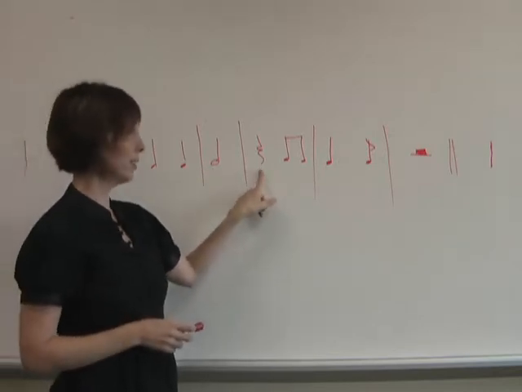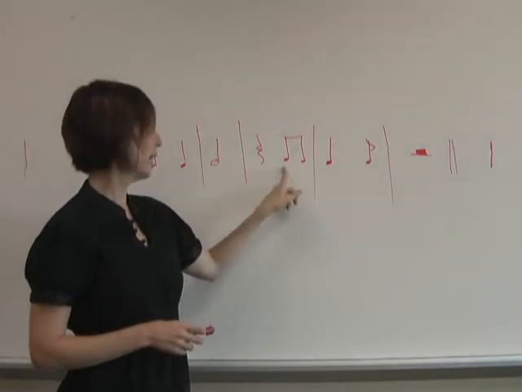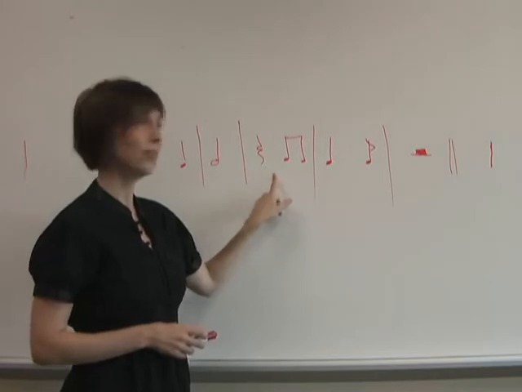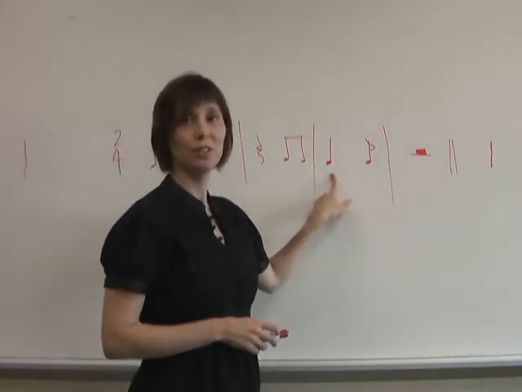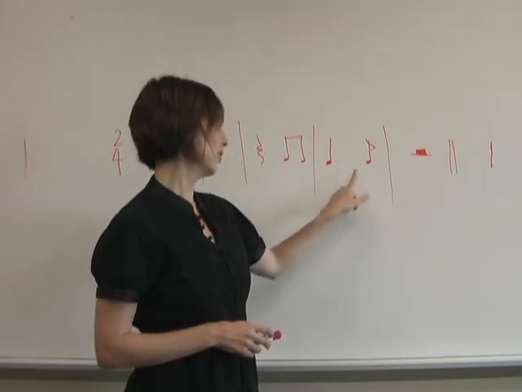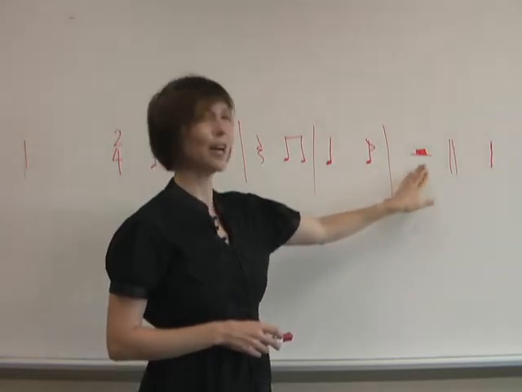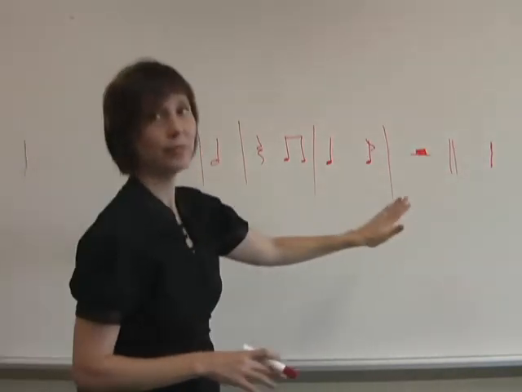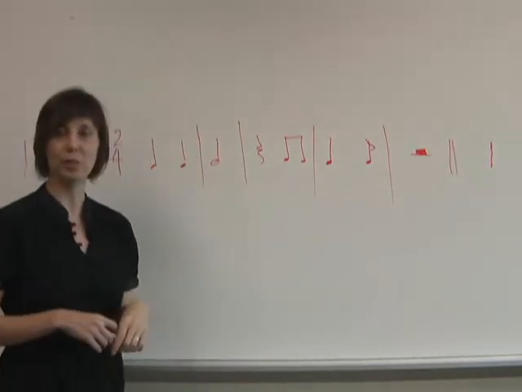Here we have a quarter rest and then 2 eighth notes. That's worth a quarter note. A dotted quarter is worth a quarter note plus an eighth note, and then we have an eighth note. This is a half rest. That's also worth 2 quarter notes. So every measure, the notes add up to 2 quarter notes.